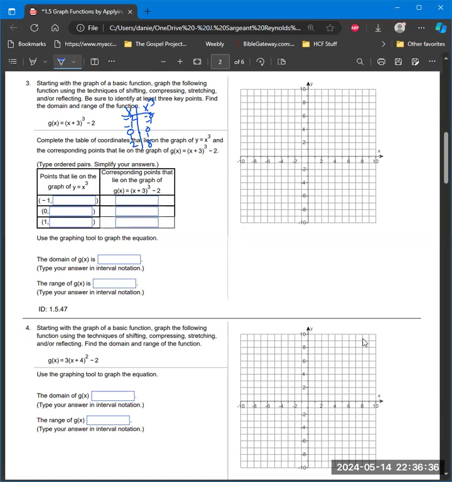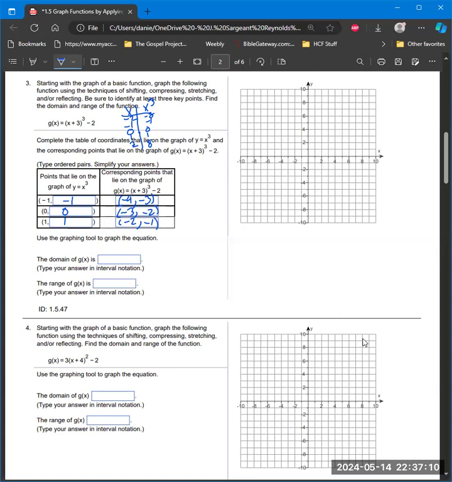So to go 3 to the left from 2 will get me to -1, and then that, oh, I'm sorry, so original here, so -1 is going to be -1, this is 0, this is 1. I want to shift this 3 left and 2 down, and 3 left and 2 down, and 3 left and 2 down, like so.